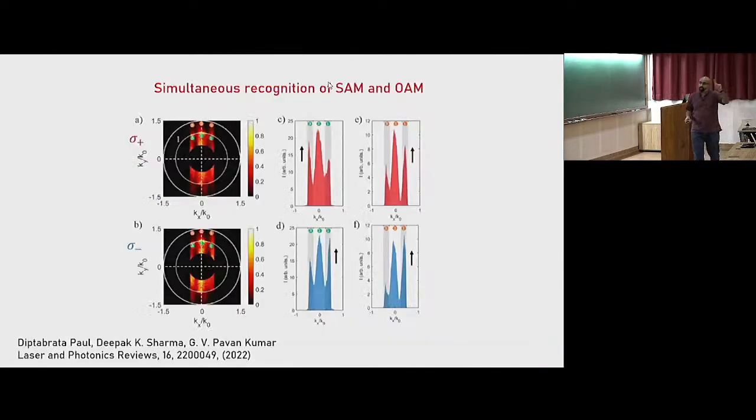So I'm going to give only one of these, but I would be happy to discuss more offline. The issue here is that you would now be able to see a very particular signature both within the so-called allowed region of this far-field scattering and the forbidden region of this far-field scattering.